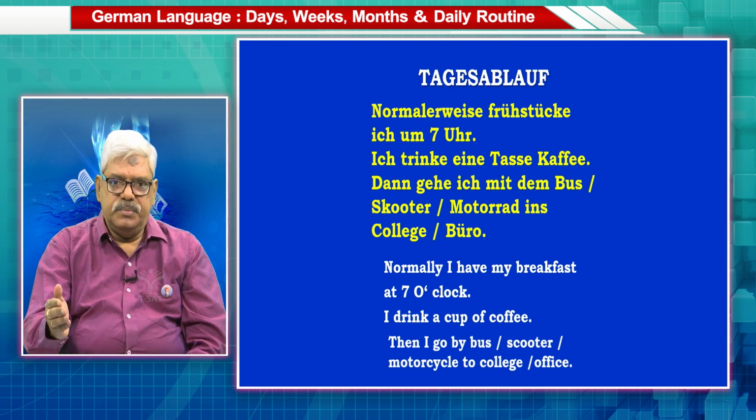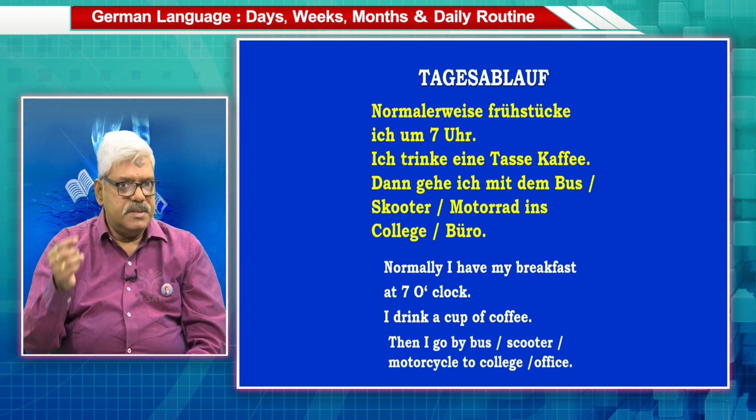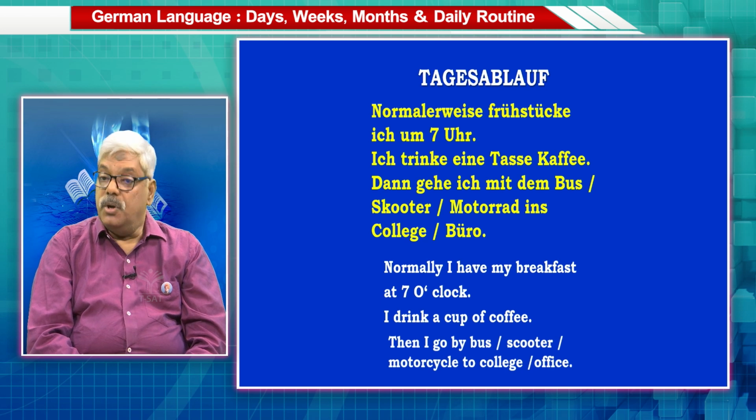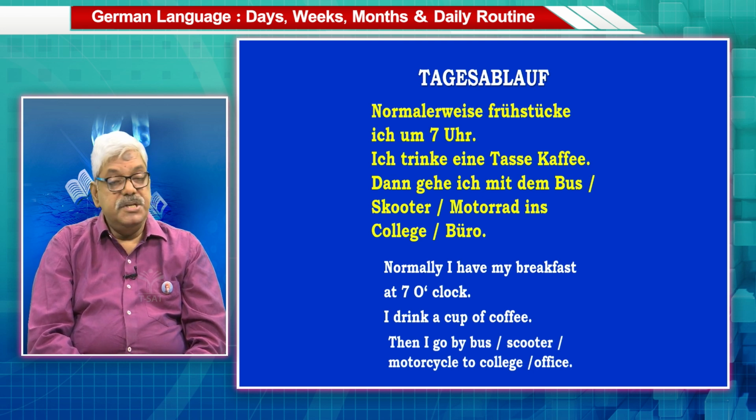Dann gehe ich mit dem Bus ins Büro. Once again these sentences: Normalerweise frühstücke ich 7 Uhr. Ich trinke eine Tasse Kaffee. Und dann gehe ich mit dem Bus, Scooter, Motorrad ins College, Büro.